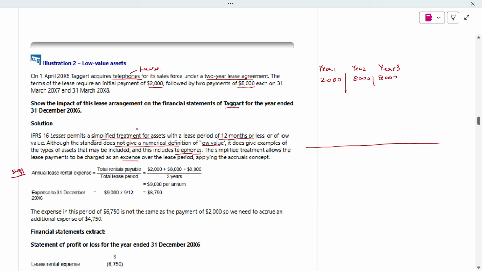The year ended is 31st December 2006. They acquired in April. If they acquired in April, how many months do we have to take? We have to take only 9 months.